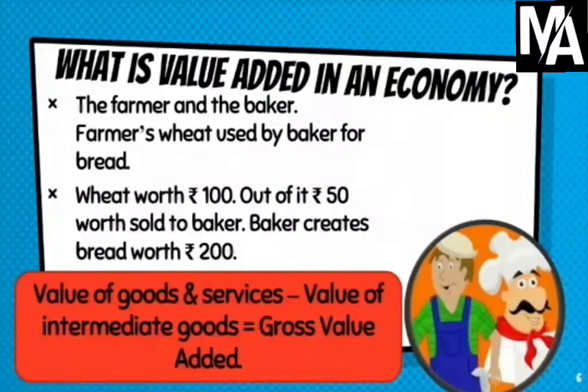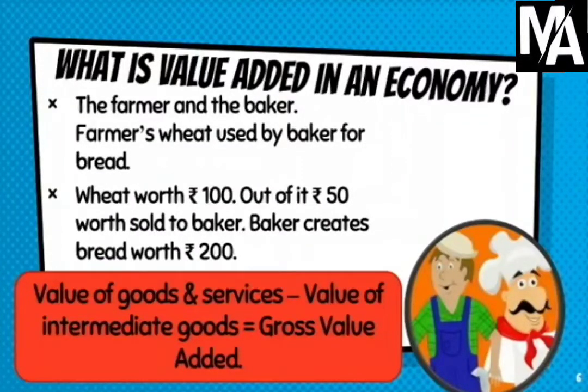The baker uses this 50 rupees worth of wheat, and from that he creates bread which is now worth rupees 200. So in this example, we should try to understand what is the value added by the farmer to the economy and what is the value added by the baker to the economy.